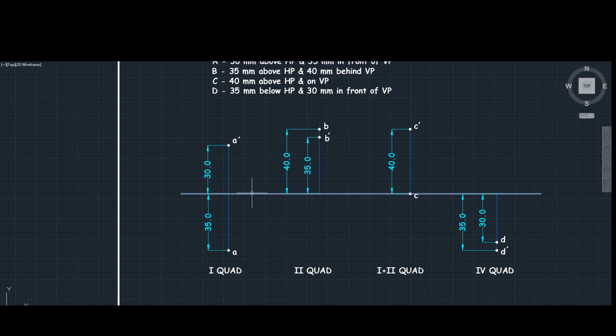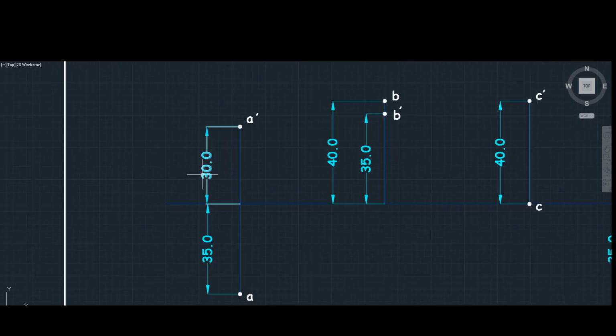The XY line, the projectors, the dimension line, that is, these are the 2 extension lines, as well as the dimension line, which is the arrow, should be in 4H pencil. But the dimension itself, which is 30 and 35, should be in 2B.